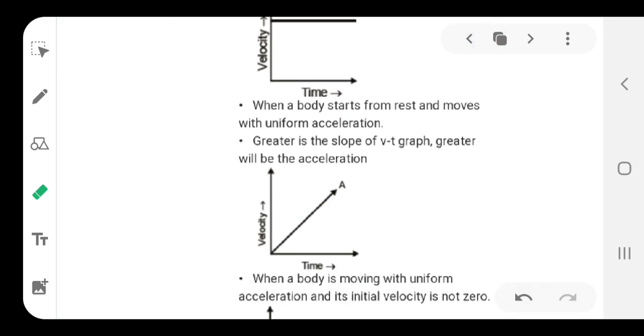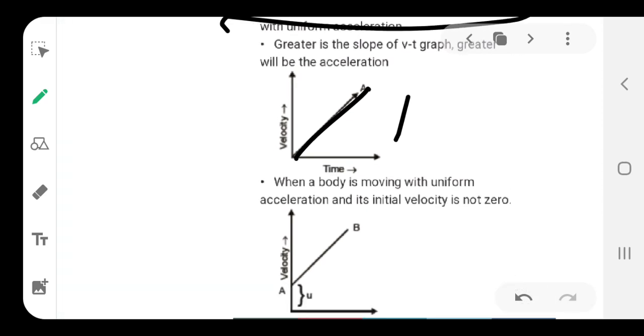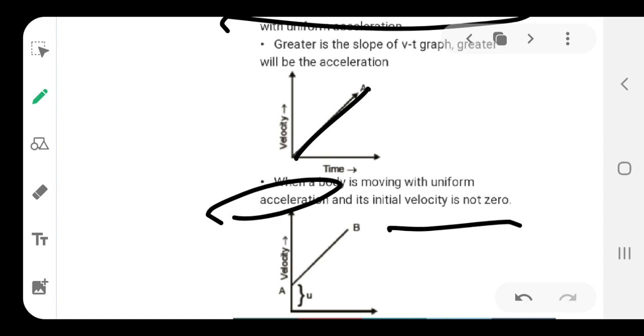The second case is when the body starts its motion from rest with a uniform acceleration. You can see the greater the slope of the Vt graph, the greater will be the acceleration. Further, when a body moves with uniform acceleration and its initial velocity is not 0, the body does not start from rest.